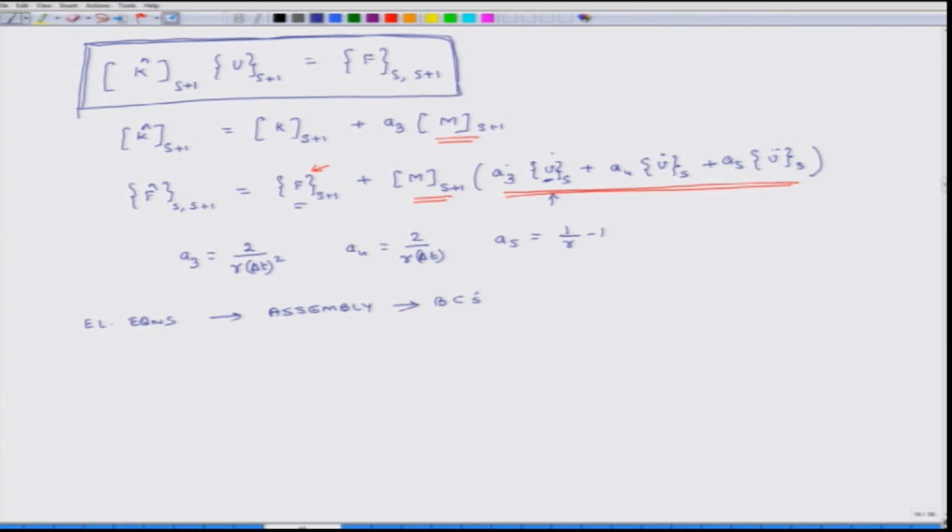So that tells me that I then apply ICs, and what are the 3 ICs? I need u, u dot and u double dot. Now, these two have to be explicitly known.